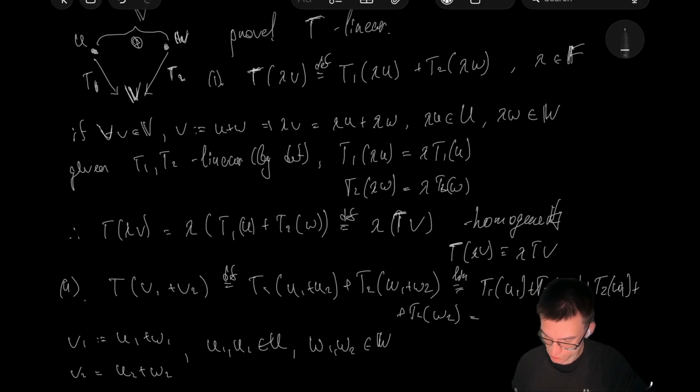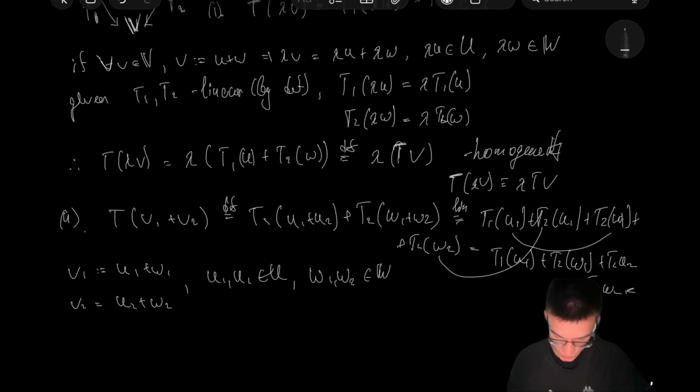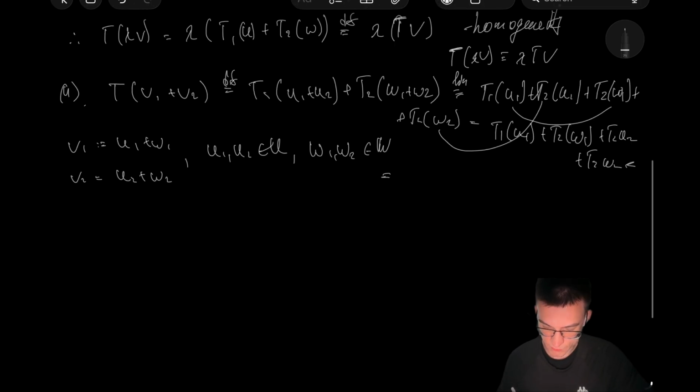And now that's pretty simple. T1 u1 comes with T2 w1, and T1 u2 comes with T2 w2, which gives us T1 u1 plus T2 w1 plus T1 u2 plus T2 w2, which equals T v1 plus T v2.